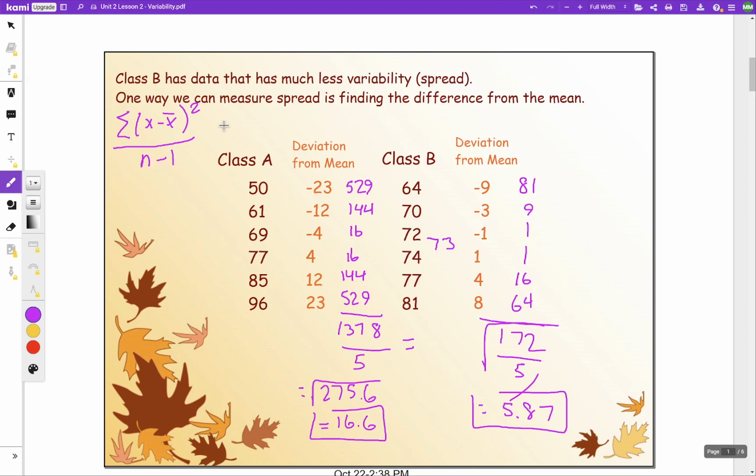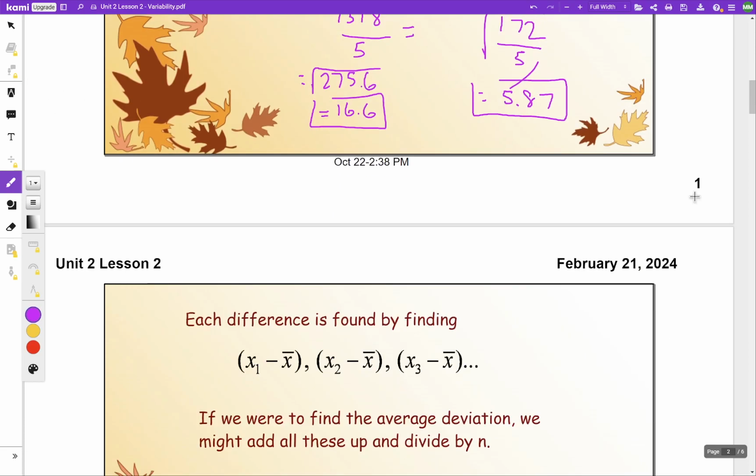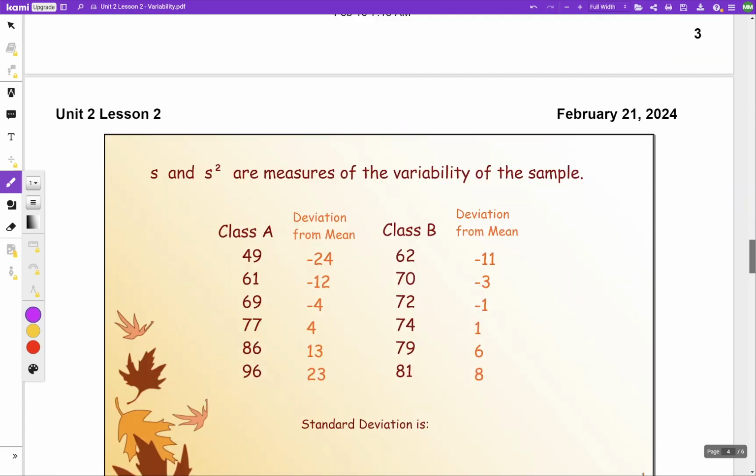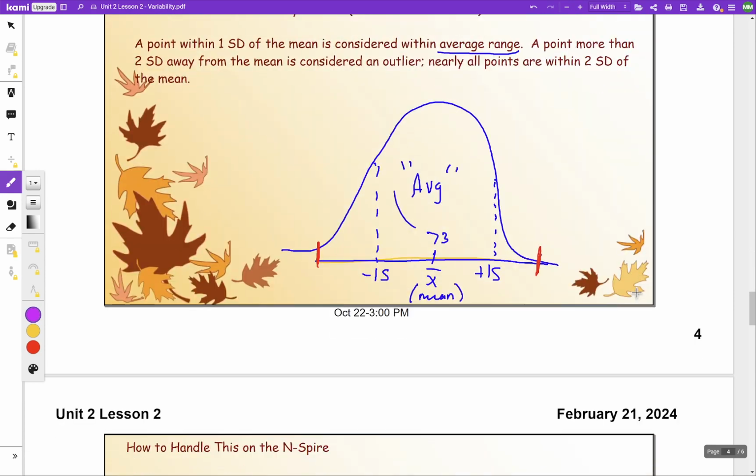That means we can use this and go back and look at the chart that we had. Sorry, my slides are a little out of order here. This one. Now, if we look at the classes, we can place them on here like that. So if I draw another one here, 73.